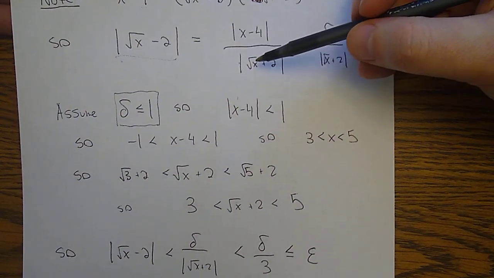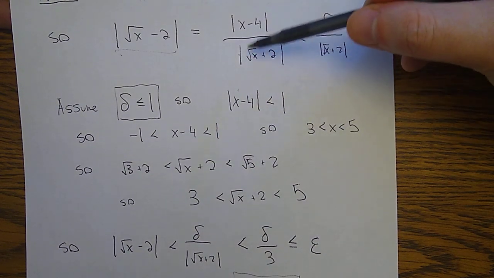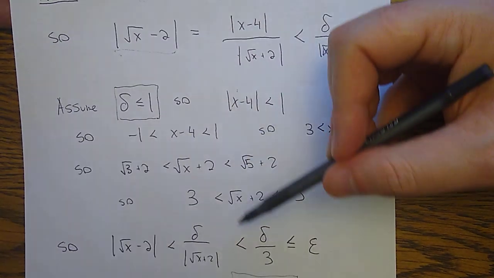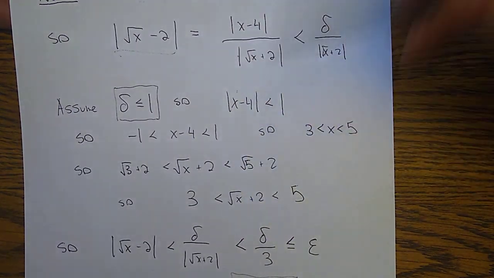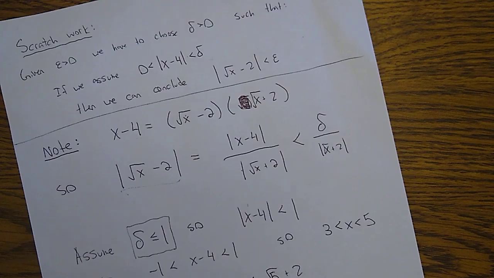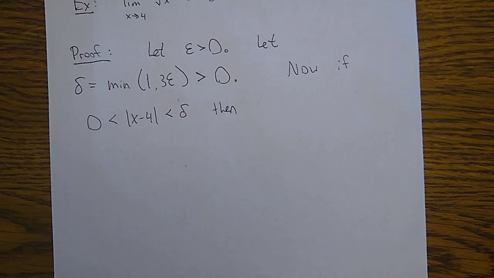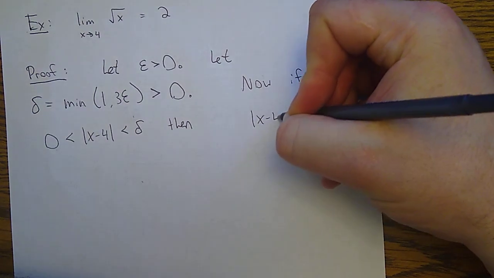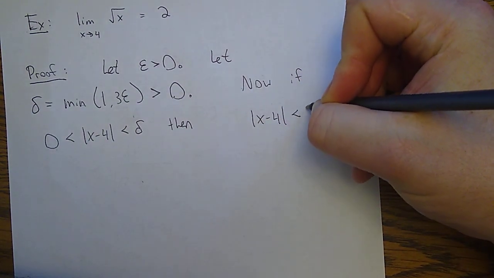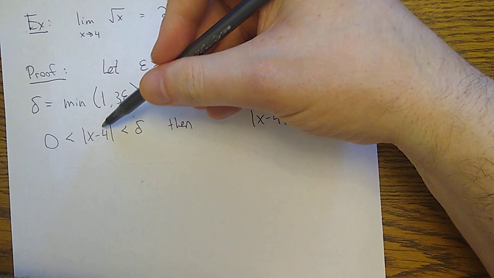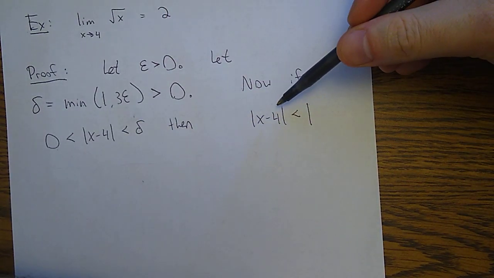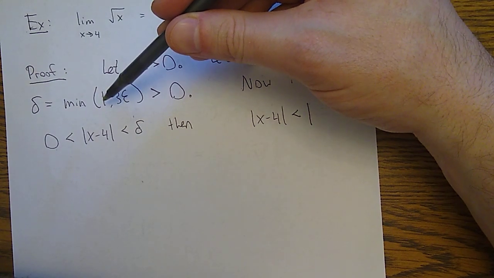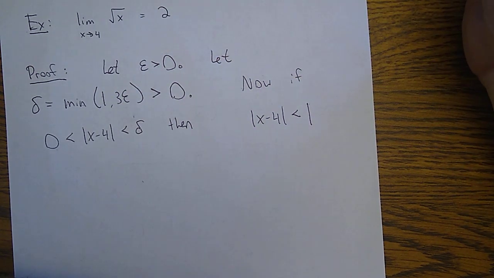One of the things I know I have to say is about this number, the absolute value of x plus 2. I have to run through this business, and that has to be part of my proof. So let's run through that. So if I have this less than delta, then of course this number is less than 1 because delta is less than or equal to 1.